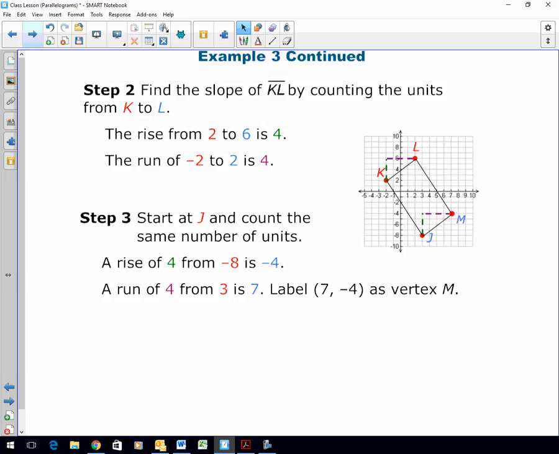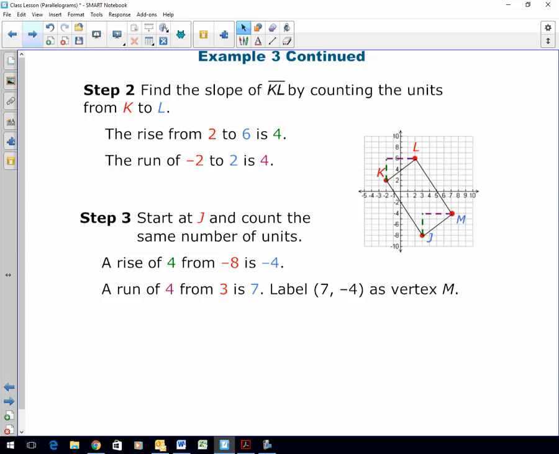Well, the first thing I can do is find the slope of the opposite side, which is LK. LK would help, because remember, if the lines are parallel, they're going to have the same slope.